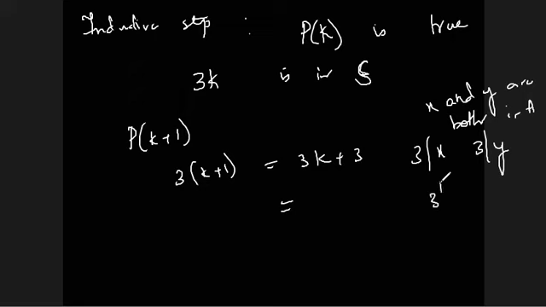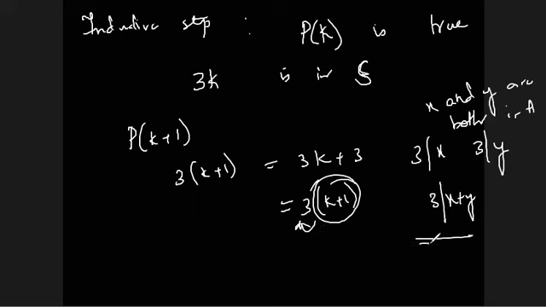Then 3 divides x plus y also. If you remember, this was the property we studied in the first chapter: if a divides b and a divides c, then a divides b plus c. So 3 divides x plus y, and this can also be written as 3 into k plus 1. So this k plus 1 is a multiple of 3. So instead of using mathematical induction, we directly proved the result by using the recursively defined sets, and this kind of proof is known as structural induction.